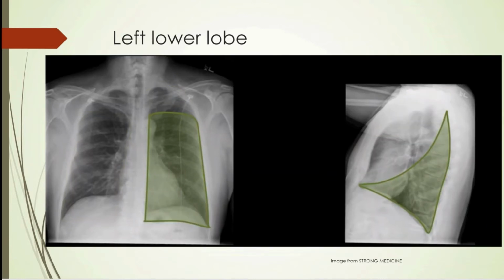Left lower lobe, there's only 2 lobes in the left lung, of course. And you can see how the more to black sign on the lateral over here, if the spine does not get blacker the lower it goes, then that's an indication of an infiltrate.